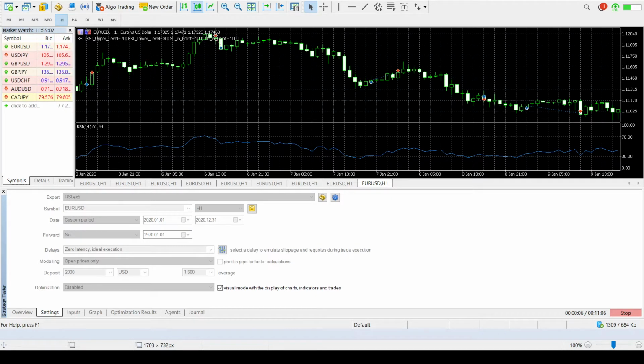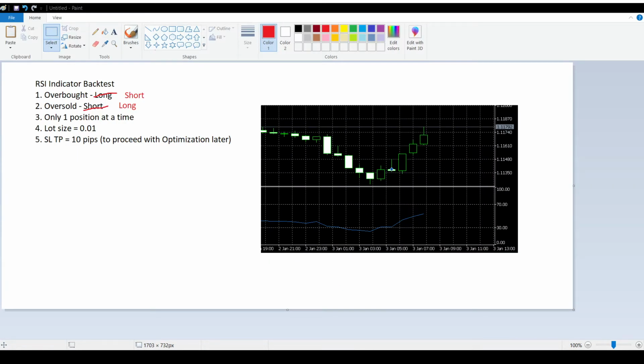Okay, and before that, I will also explain a little bit some of the rules that we are going to perform. As you can see over here, the RSI is known as the relative strength index. It tells the traders whether the market is currently in an overbought or oversold condition.